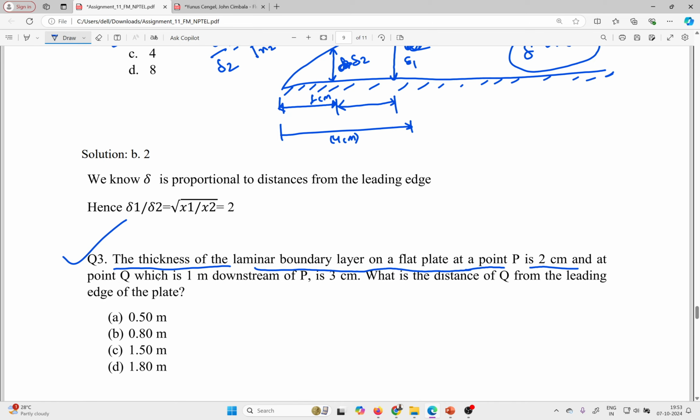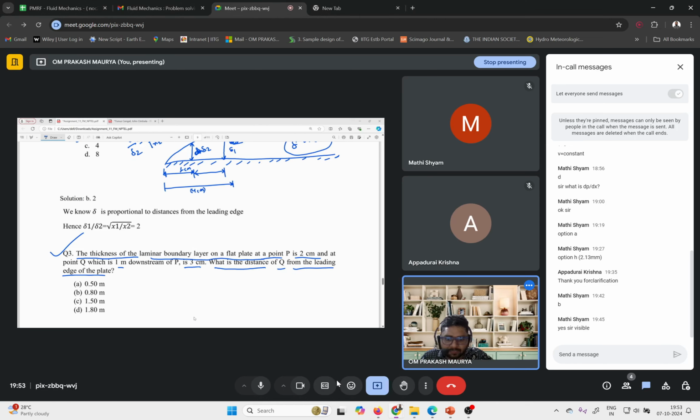At point Q, which is 1 meter downstream of P, it is 3 centimeter. What is the distance of Q from the leading edge of the plate? So please think on that, you have 2-3 minutes. Then after I will explain. Question number 3.